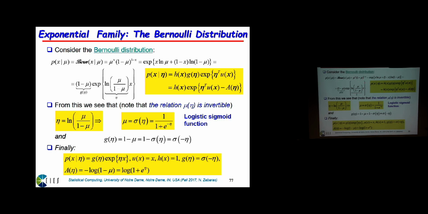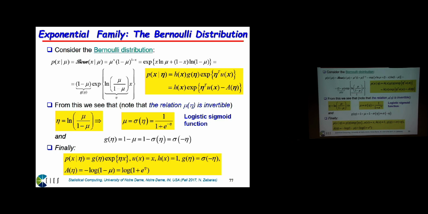So, yes, I can, and to put it in this form, our general class of distributions, I can keep my x times log of mu divided by 1 minus mu, and then the 1 minus mu to the power of 1 I can put outside as 1 minus mu. So there's my g of theta, all right? h of x equal to 1 here, and these are my parameters eta, which is this log of mu divided by 1 minus mu. Okay?